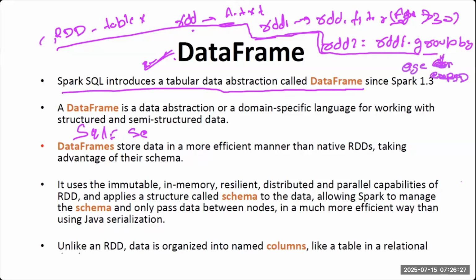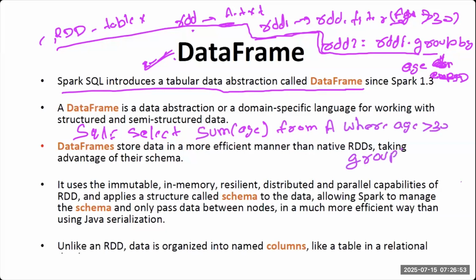So here you will write select sum of age from A, where when I inserted a.txt I gave the table name as A, where age is greater than 30 and group by age. So this is your SQL query.